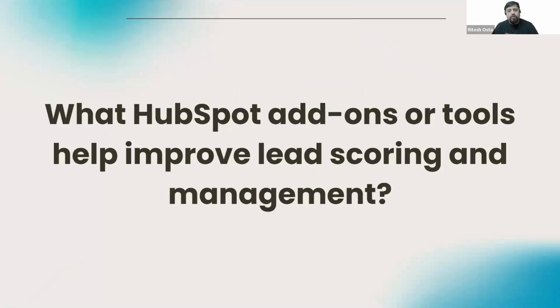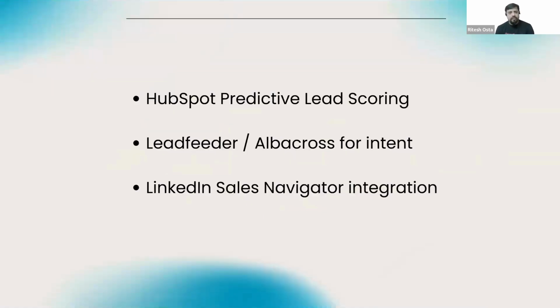What HubSpot add-ons or tools help improve lead scoring and management? Okay, all right. HubSpot has its own inbuilt lead scoring, very well built, and it has workflows. So you can use the inbuilt lead scoring and the workflows together to create some sort of lead scoring mechanism in your case.